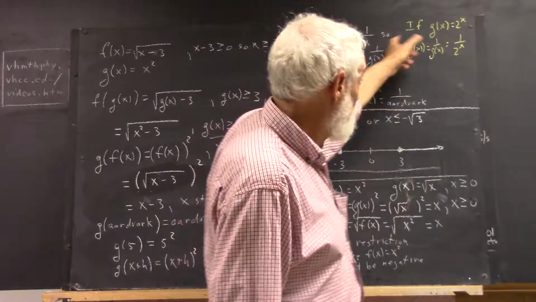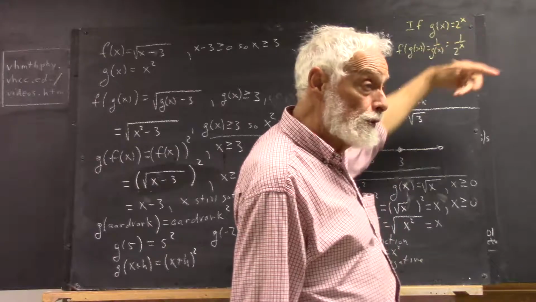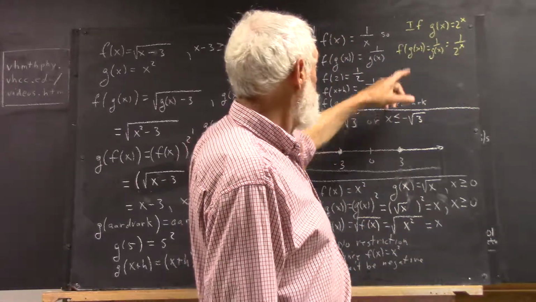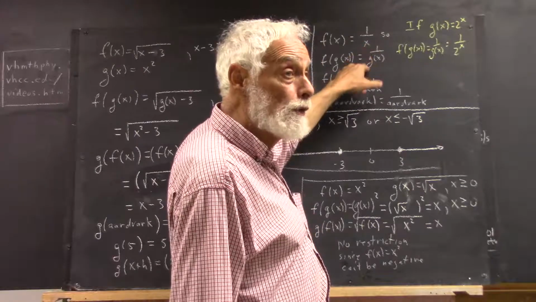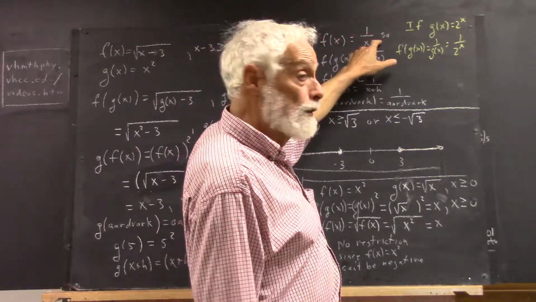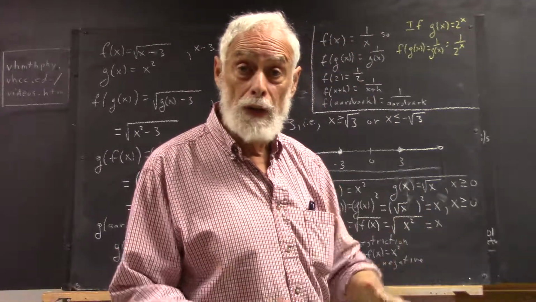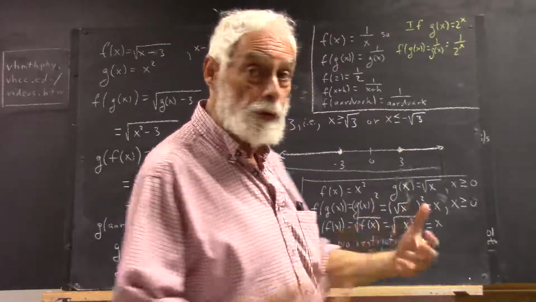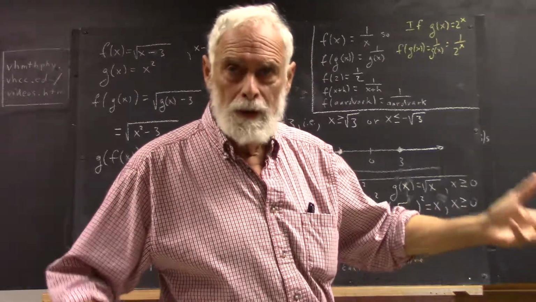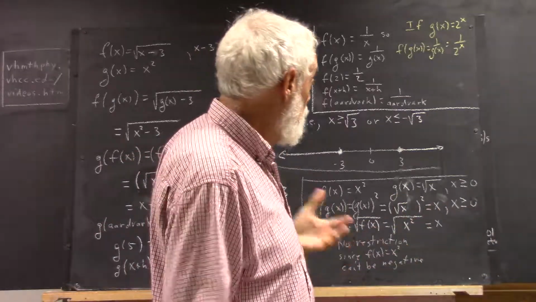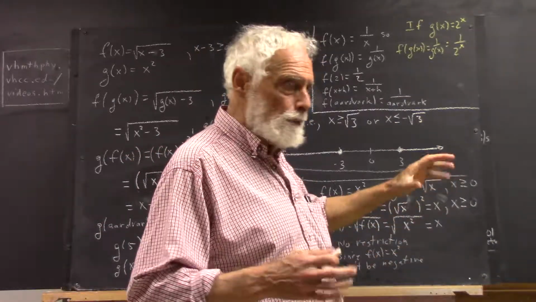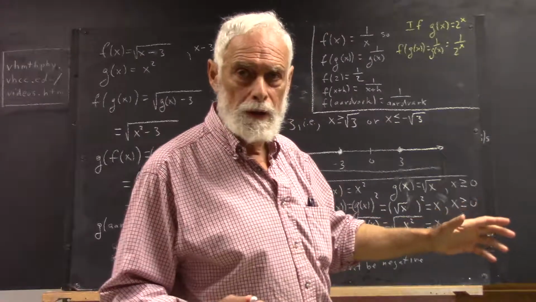Now, if g of x happens to be, say, 2 to the x, then what's f of g of x equal? Well, first of all, f of g of x equals 1 over g of x. We always want to write down that step, because if we skip a step, we're always taking a chance.